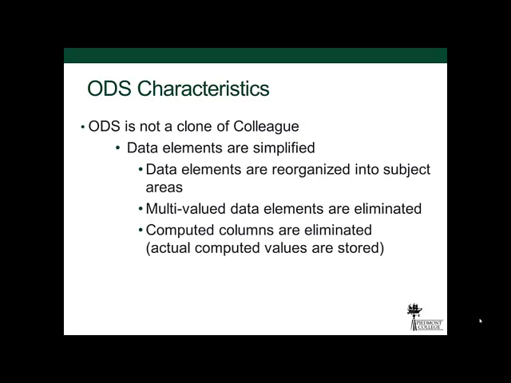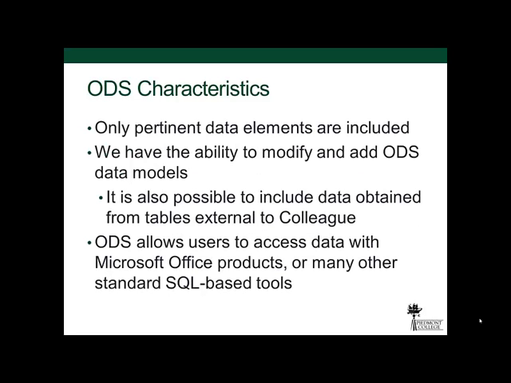And also, computed columns are transformed into their actual values, which again is easier for us to work with in reporting. Certain data fields that are included in Colleague are really not essential for report writing, and so the ODS excludes those. We don't include unnecessary fields from Colleague in the ODS.